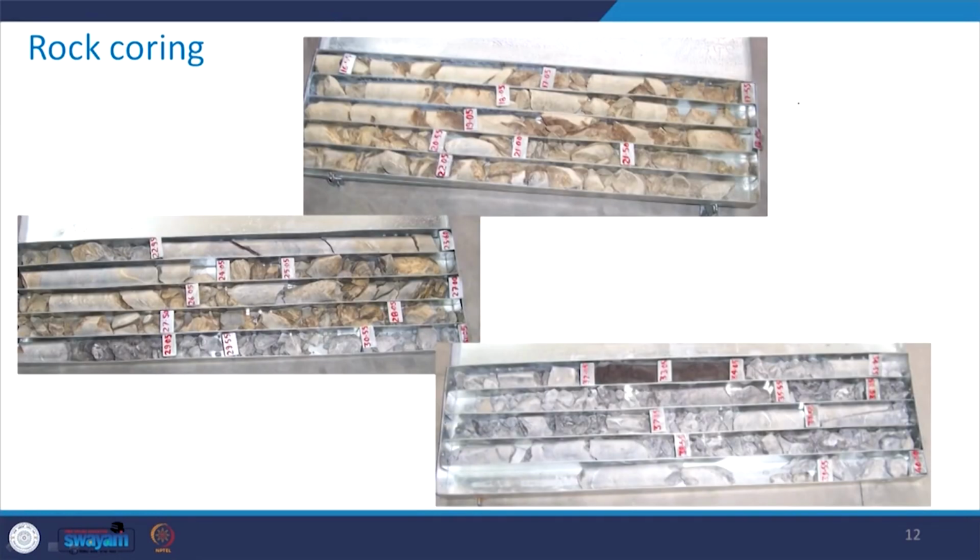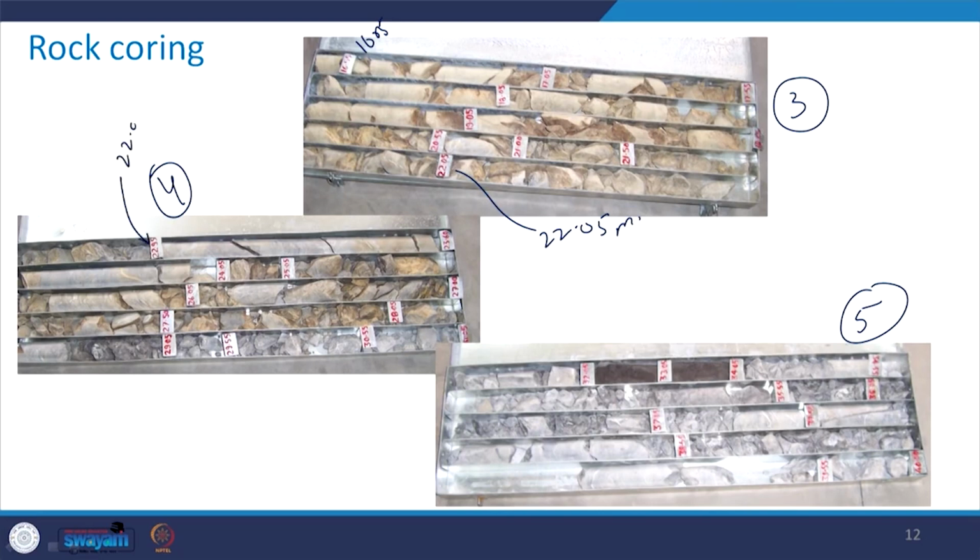See here, this is the third one, this is the fourth one, and this is the fifth one. So, you see this is starting at 16.55 meter and ending here at 22.05 meter, and this is 22.95 meter, and here it is 31.05 meter, and this is 32.05 meter, and likewise this goes up to 40 meters.